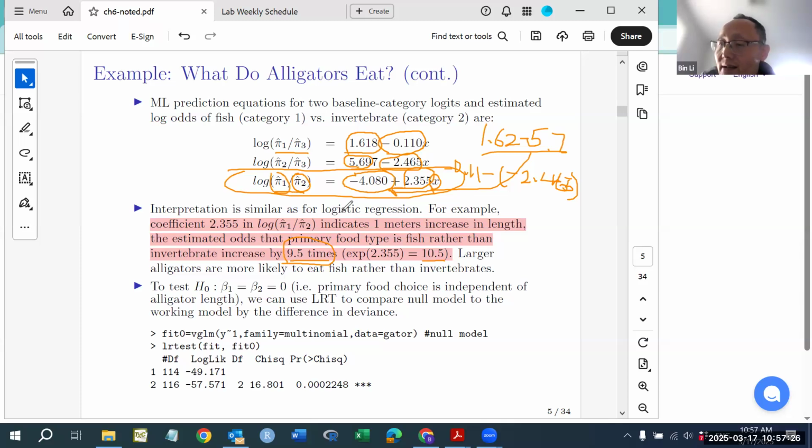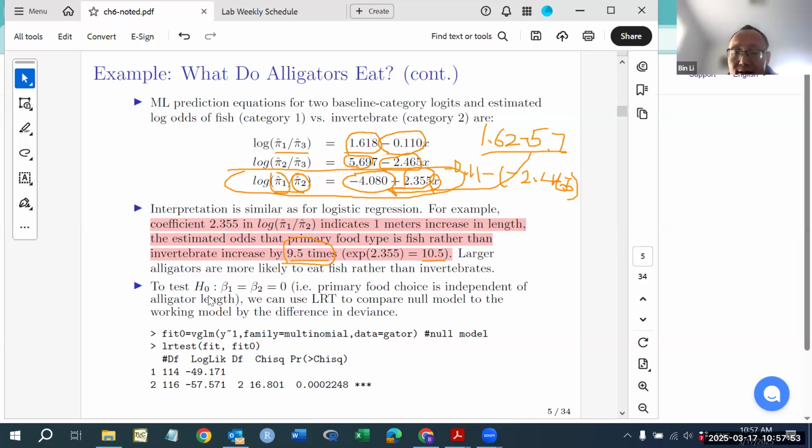Invertebrates are those insects, worms, crabs, so these small things. Okay, but the larger alligator tends to eat fish. And what about the others? Right? So we can see in a minute. Others, yeah, we will see that in the next slides. Let's talk about this one first.